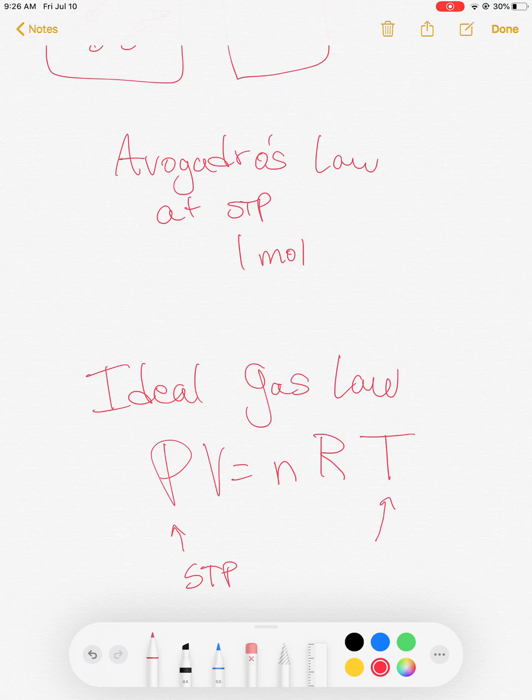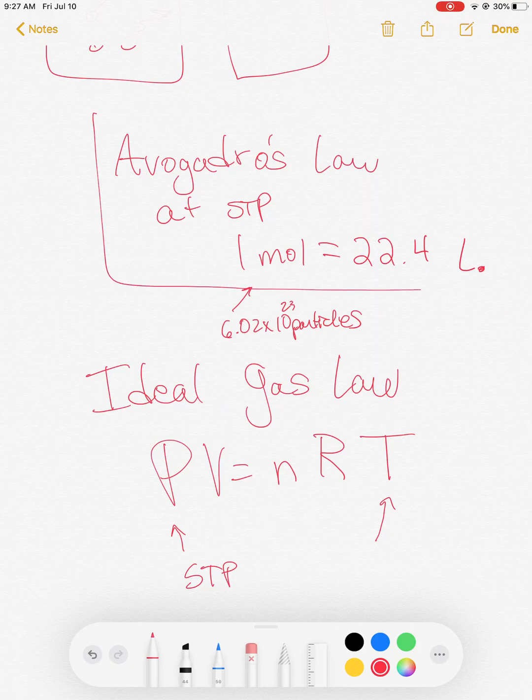All that matters is how many particles. And 1 mole, remember, is 6.02 times 10 to the 23rd particles of any substance. And when you do that, you will come up with 22.4 liters. If you change the temperature, if you change the pressure, then you're going to need to use the ideal gas law to find the volume. But at standard pressure and standard temperature, you can use this for a nice little shortcut.